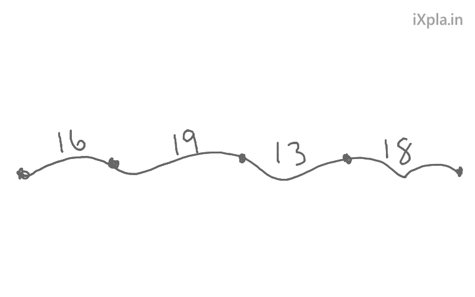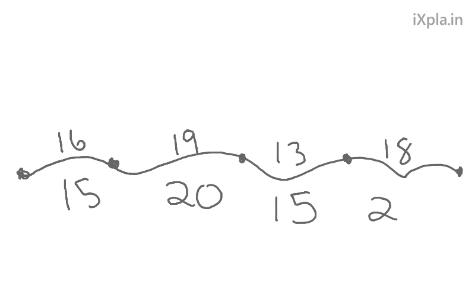Now estimating, well, 16 miles, that's about 15 miles, 19 is about 20, 13 is about 15, 18 is about 20. And when we add these up, it's about 70 miles. So go ahead and put that down for your answer. About 70 miles.